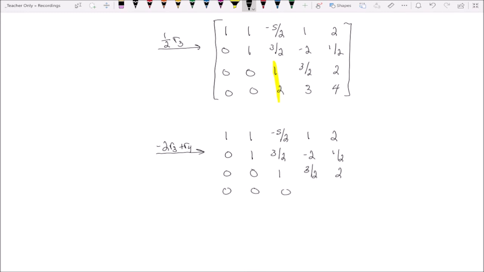Now notice that that final row is all zeros. So there's nothing more that we can do, and we are done. There is our matrix in REF. And these two matrices are row equivalent, because all we did was perform elementary row operations in each step.